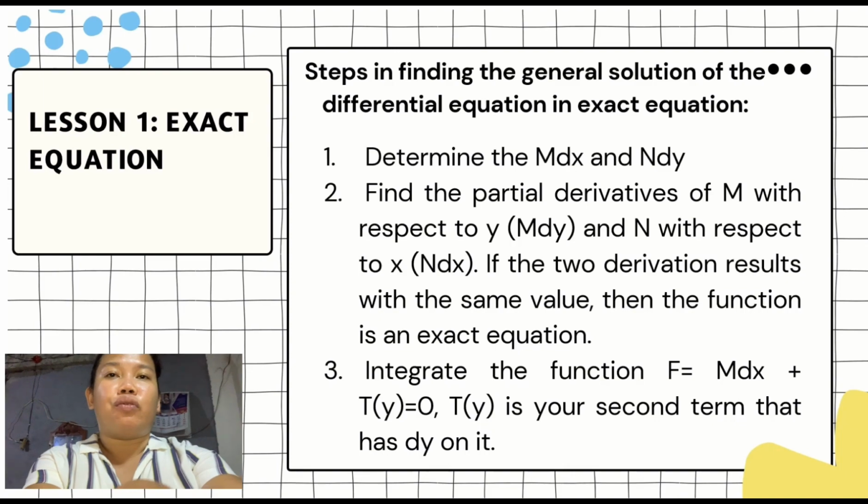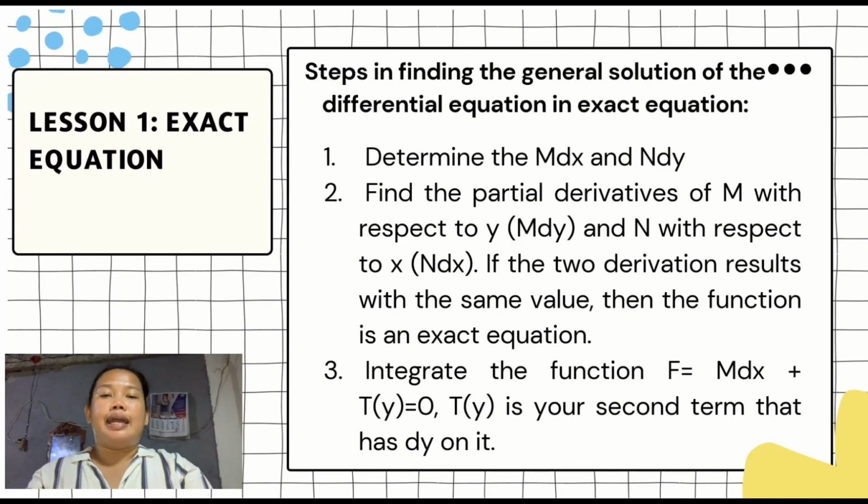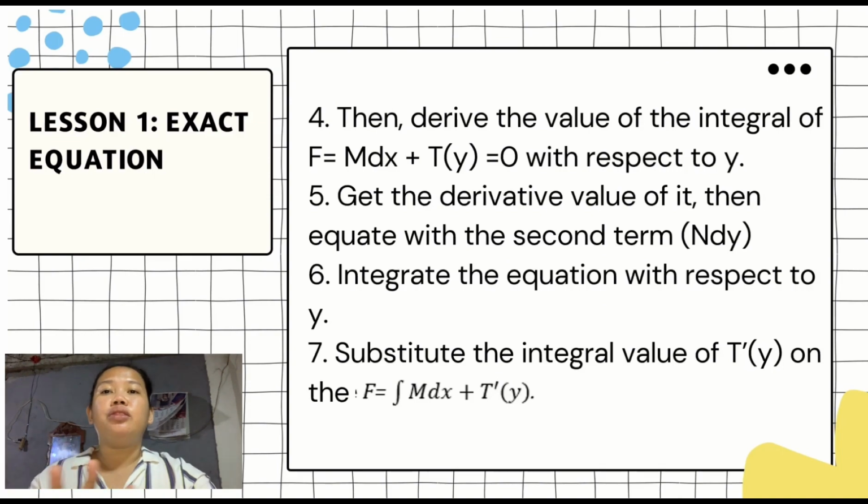We will further explain this one. Fourth, derive the integral of f equals the integral of m dx plus t of y equals 0 with respect to y. Fifth, get the derivative value of it, then equate it with the second term, which is the n dy.